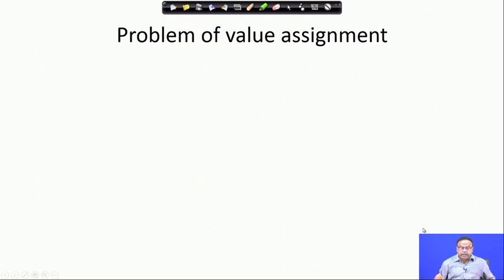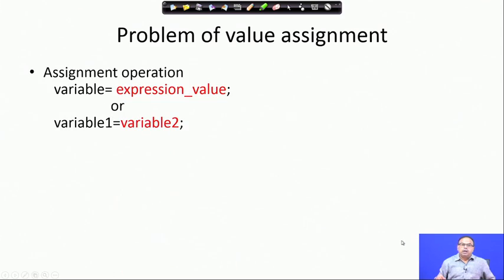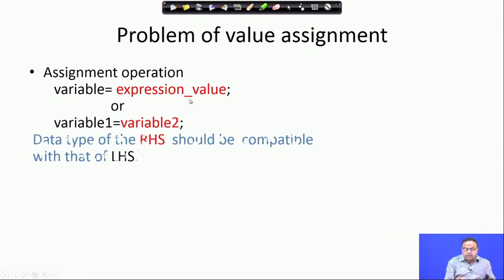We will see some more things later. Now, there are some problems for value assignment. For example, in an assignment operation, we take the expression value and assign it to a variable, or we assign a particular variable to another variable. For example, we could have, as we have done, v is u plus f times t.